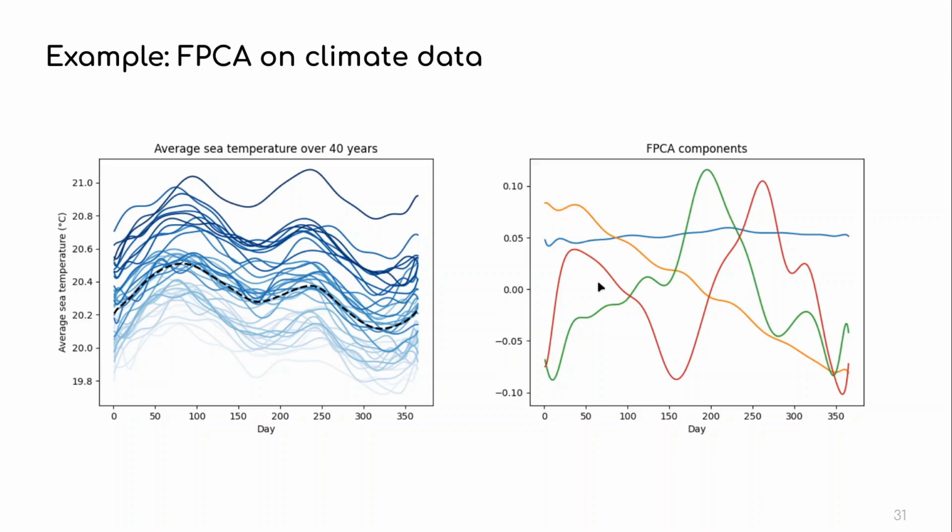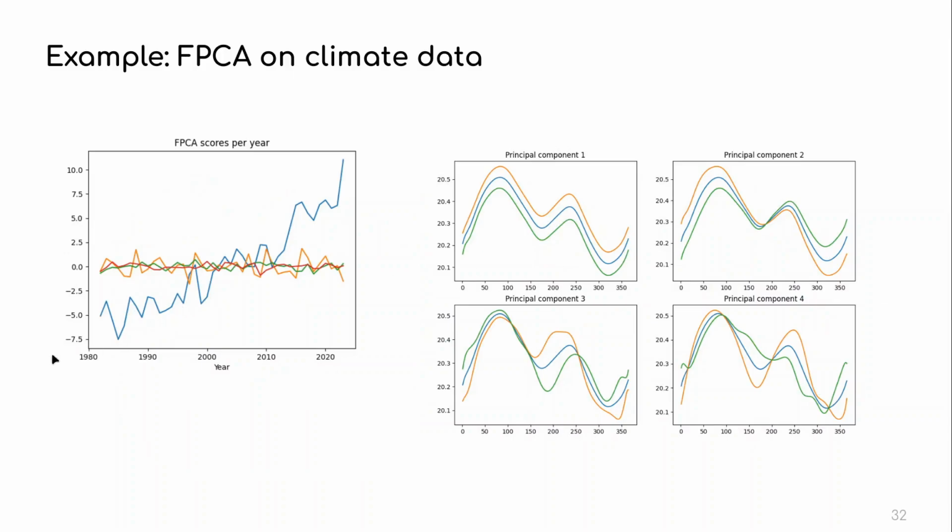And then the second one, we'll see exactly what it does later. But it's interesting to look at the scores. As I mentioned, the blue one is the average temperature, and we can see here that it basically steadily increases over the year. And then we can see that the other scores are fairly close to 0. The yellow one is a bit larger, but the others are basically just noise.